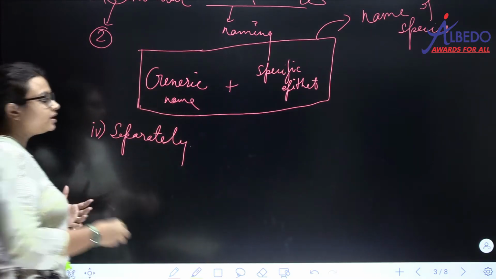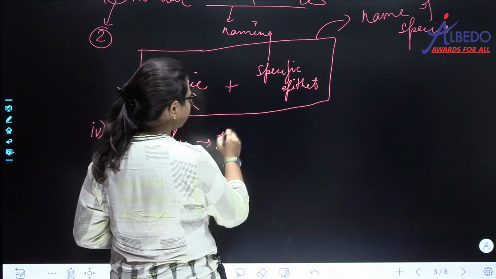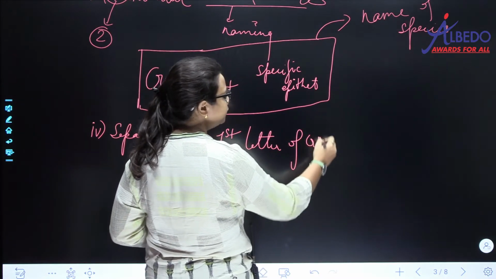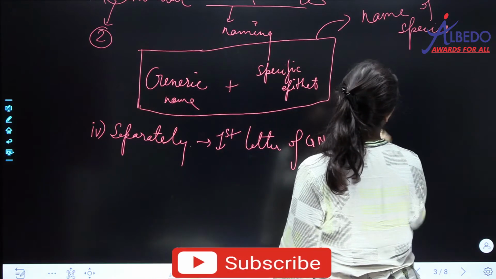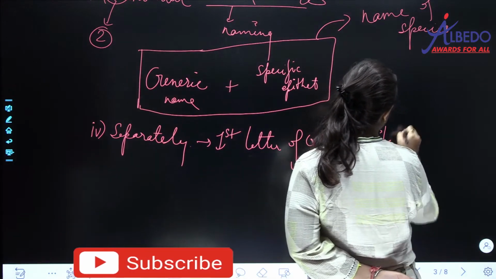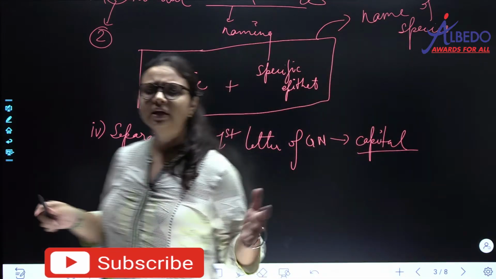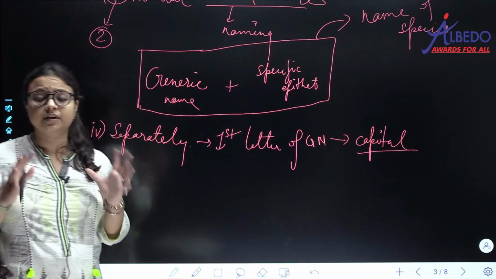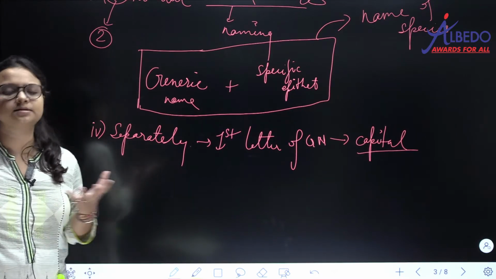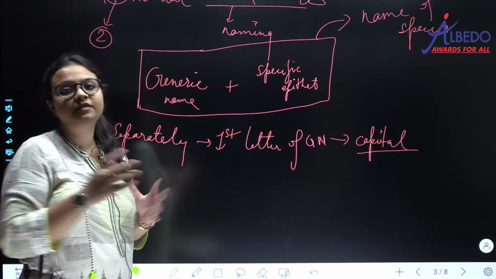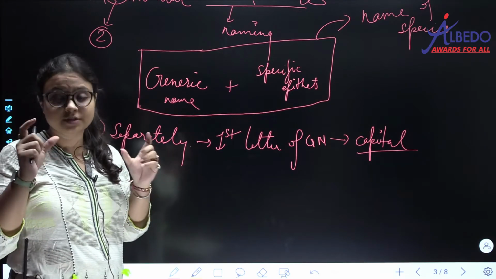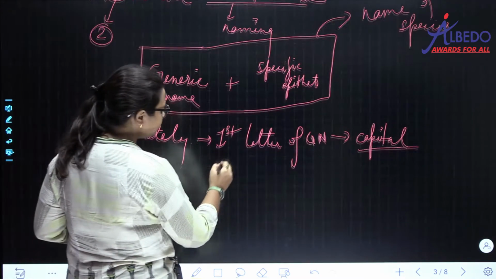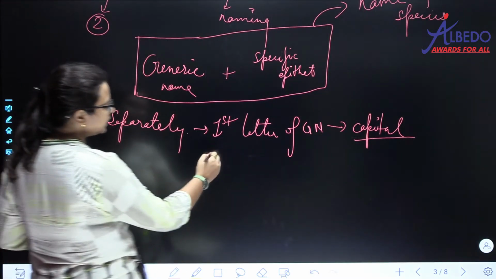Besides that, the first letter of the generic name must be capital. Why should it be capital? Just common English. Whenever we start the name of anything, we always capitalize the first letter. That is the rule of English for nouns. What about the second letter?